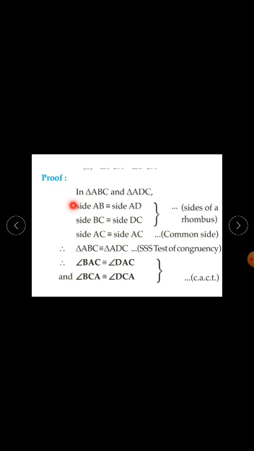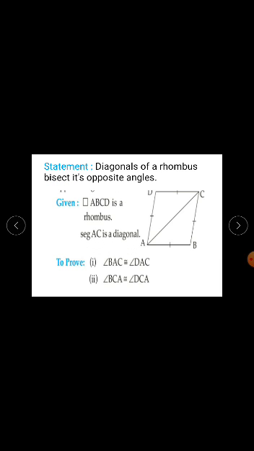Now proof. In triangle ABC and triangle ADC, side AB is congruent to side AD, sides of a rhombus.